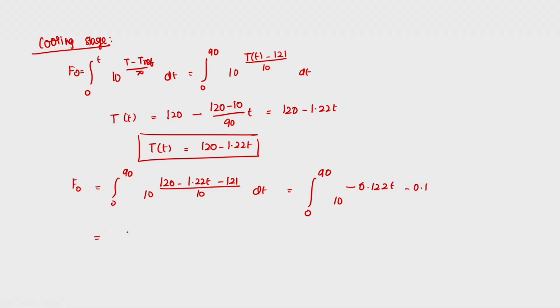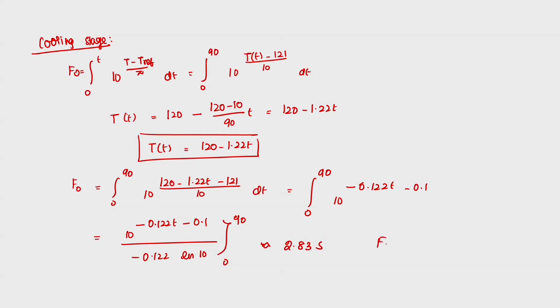So, which becomes 10 to the power of (minus 0.122 t minus 0.1) divided by minus 0.122 into ln 10, 0 to 90. So, if you calculate this integral, then you will get around 2.83 seconds, right. So, F naught for cooling is approximately 3 seconds.